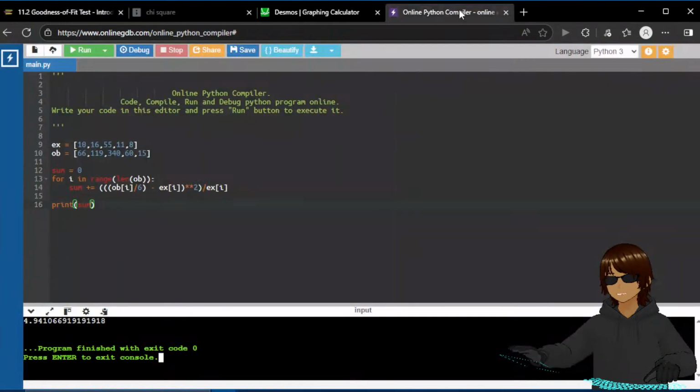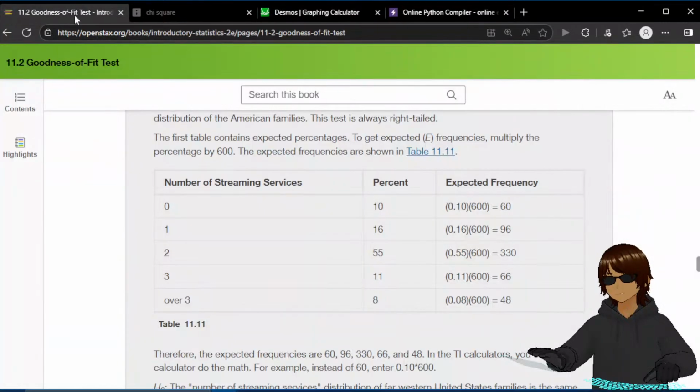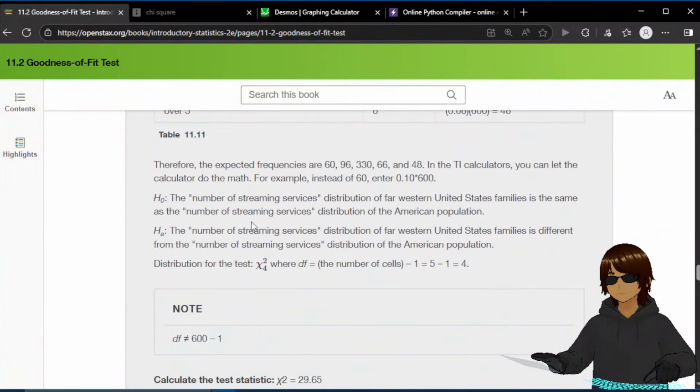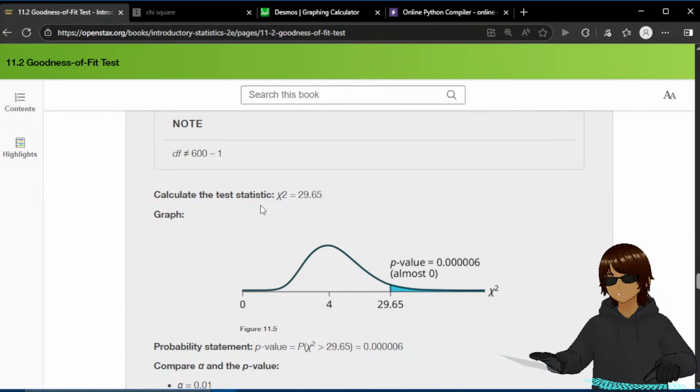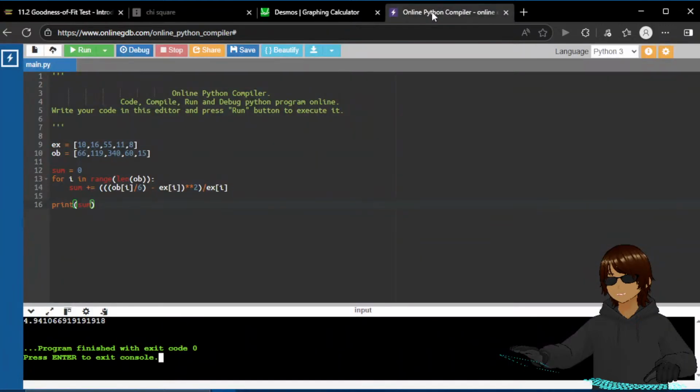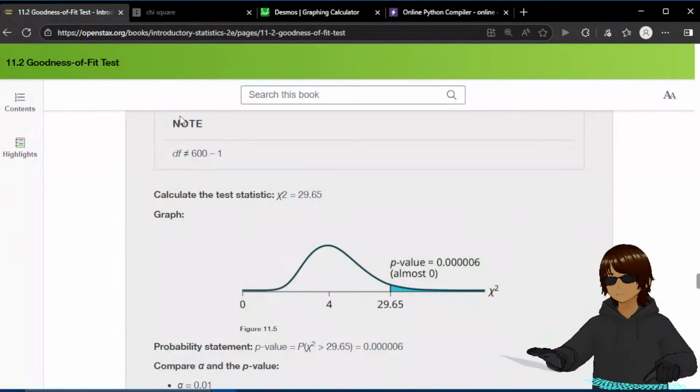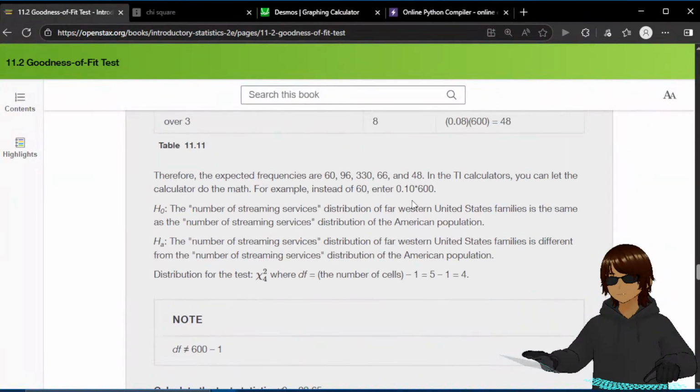No, wait, the degrees of freedom is, yeah, it's 4, right? Test statistic 29.65. Did I do something wrong? This divided by 6. Can let the calculator do the math.